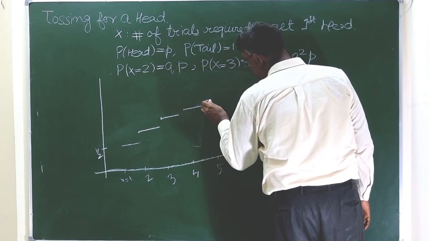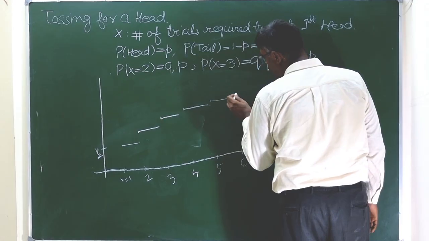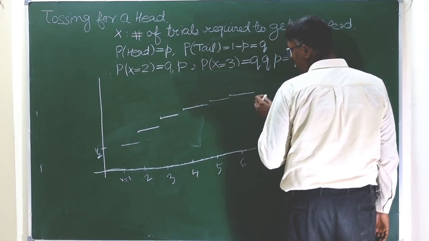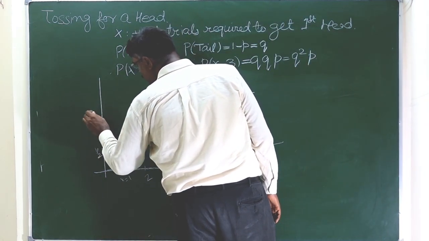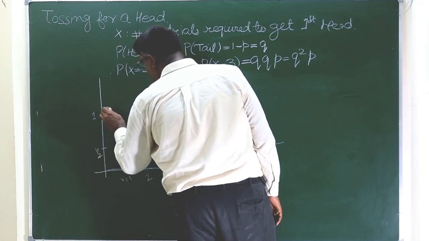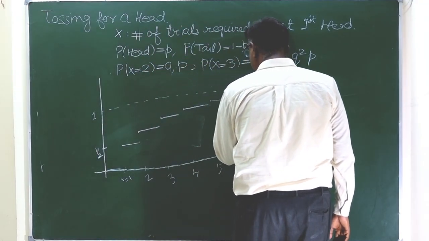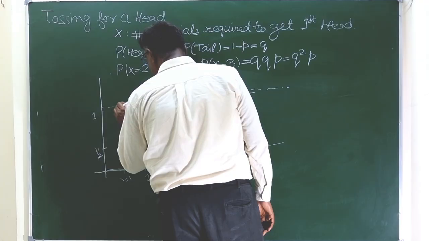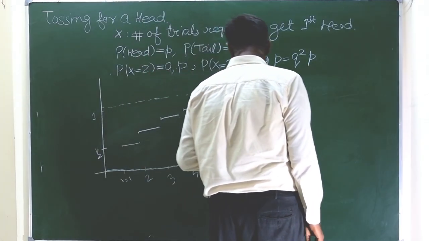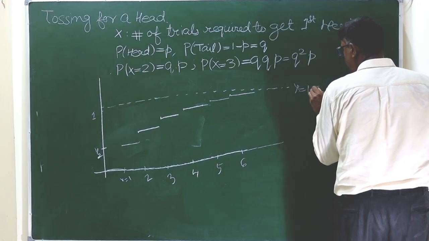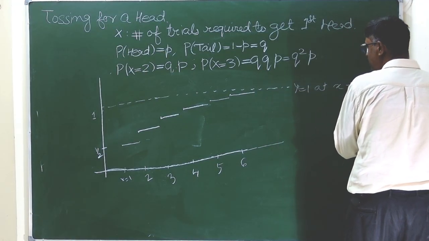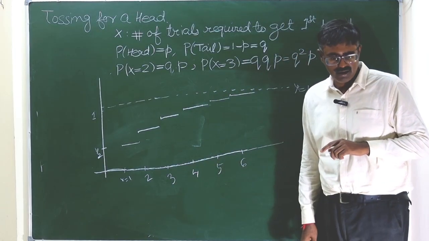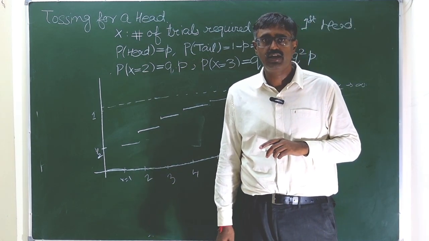And similarly, as we keep on increasing, the interval between two consecutive numbers will keep on decreasing. This is 1, and this will take a curve like this, and it will be touching the line y equal to 1 as x tends to infinity. So this way the CDF of the geometric distribution is defined. Now we will take some more examples on the distribution function.